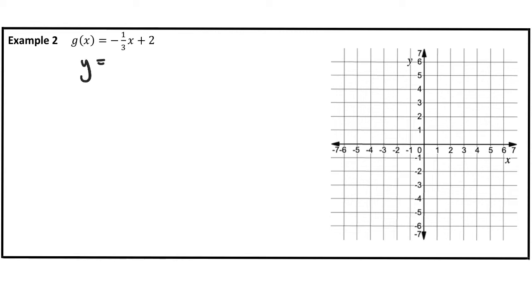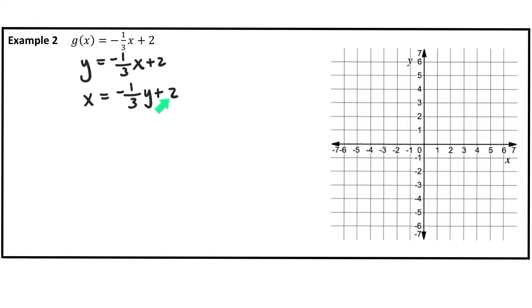So I'm going to change that to y. It's negative 1/3 x plus 2. Then switch the x and the y. And then solve for y.